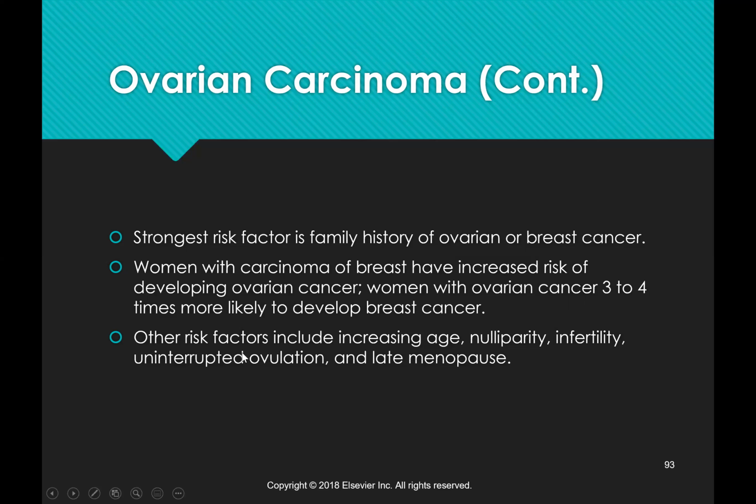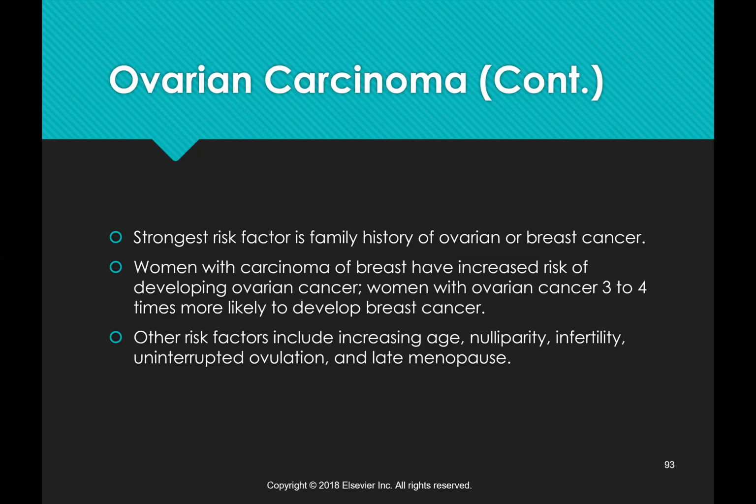Other risk factors for ovarian cancer are increasing age, nulliparity, meaning never having been pregnant, infertility, uninterrupted ovulation, and late menopause. Uninterrupted ovulation means never being pregnant, or breastfeeding where you're not having a period.